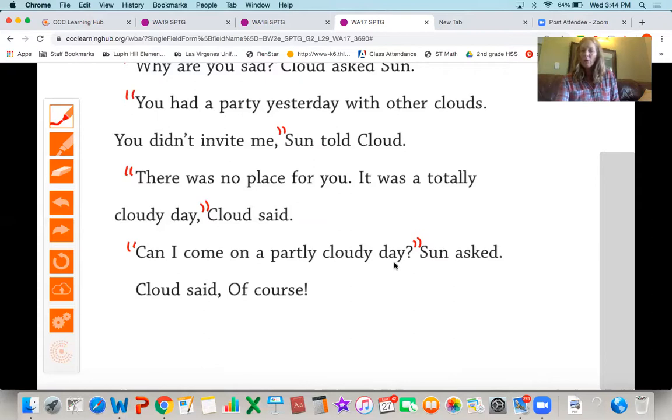"Can I come on a partly cloudy day?" Sun asked. Cloud said, "Of course!" So we just follow the same rule and we put the quotation marks around what's being said. We're separating out who said it. So there's a comma. We put the quotation marks in front of what's being said, and then at the end, after the exclamation point in that case.